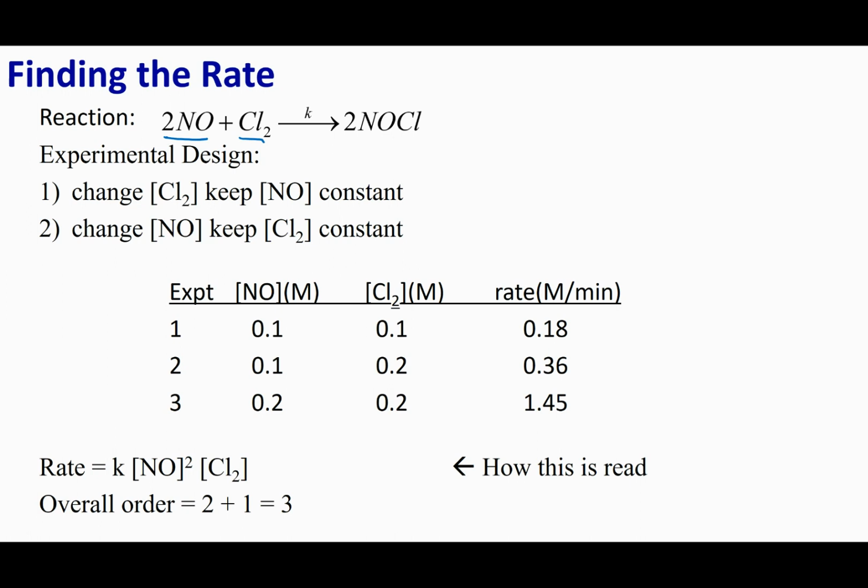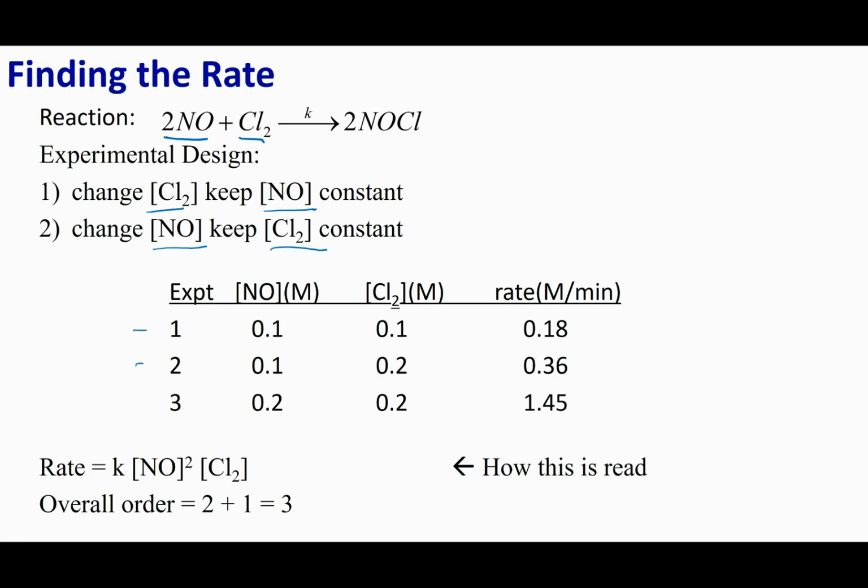So in order to find the order of Cl2, I need to make sure that NO is held constant. And if I'm trying to find the order of NO, I want Cl2 to stay constant. This is going to require more experiments on my part.